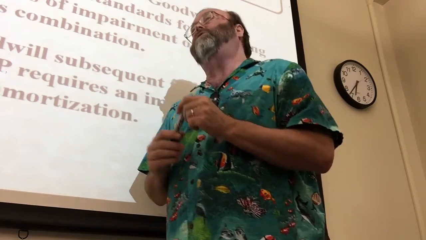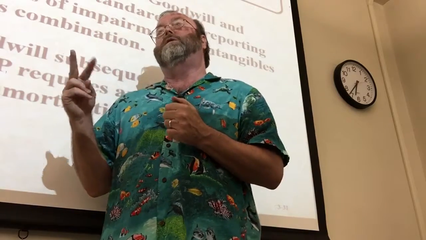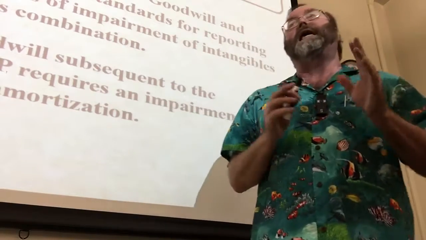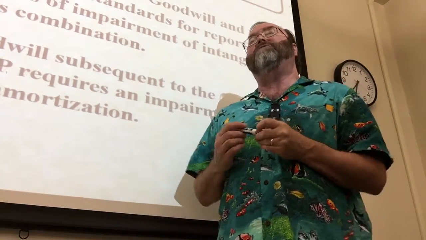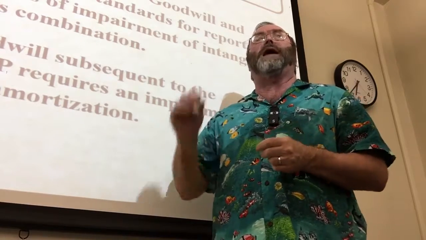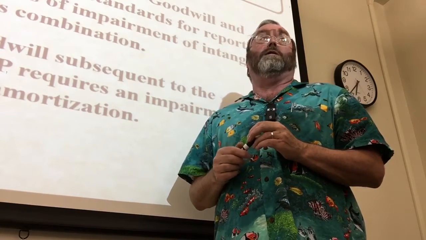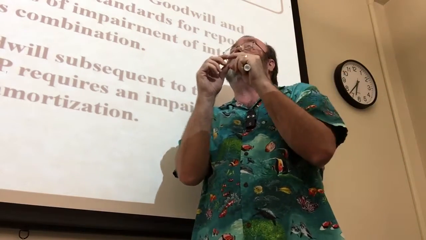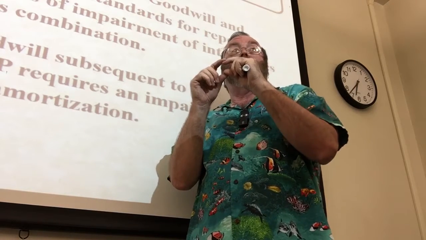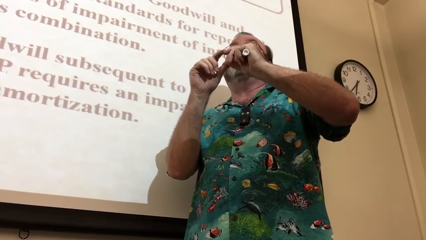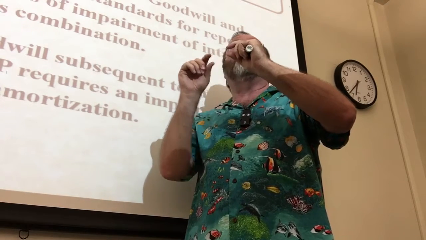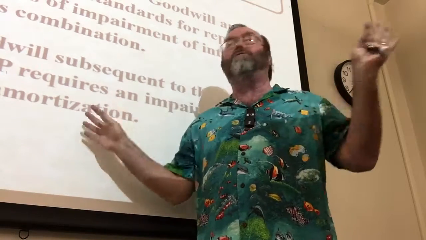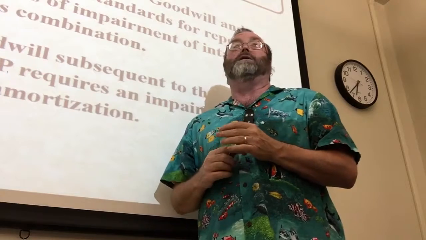The calculation for impairment is two-tiered. All right? You're going to recalculate the goodwill as if the acquisition happened at the balance sheet date. You look at the book value of the subsidiary. Does the book value of the subsidiary compare to the current fair value, as if you had to buy that subsidiary all over again at year end?